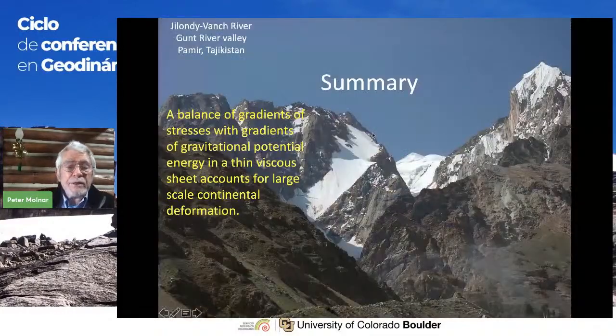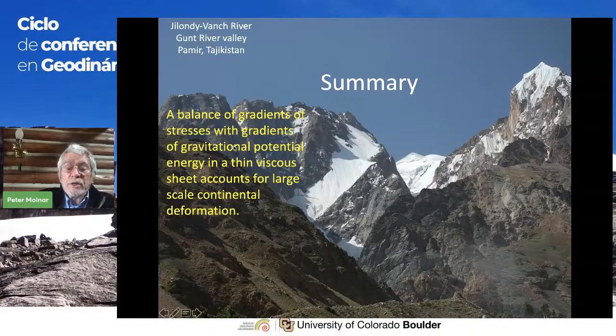So to summarize, I'm early, but that's okay. To summarize, with the thin viscous sheet, a balance of gradients of stresses with gradients of gravitational potential energy in a thin viscous sheet accounts for large-scale continental deformation. The key here is that one can include two resistances to deformation, stresses or viscous processes, and gravity.